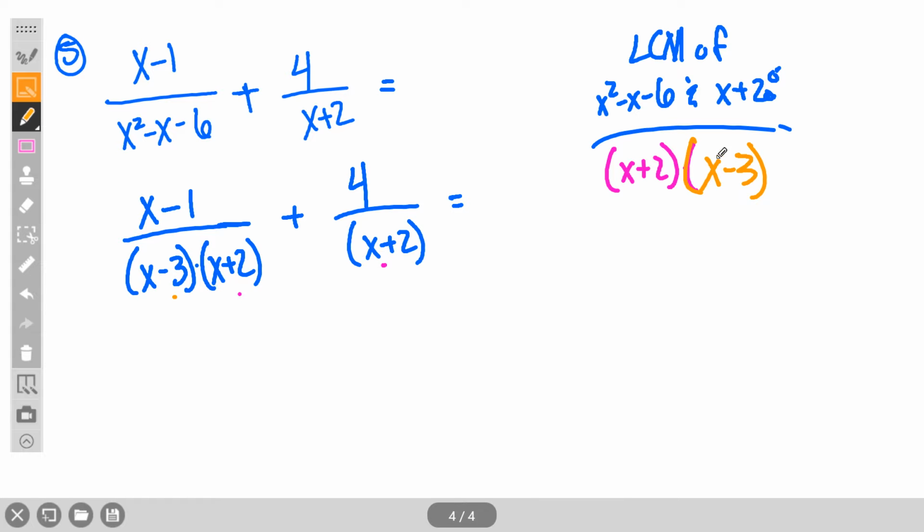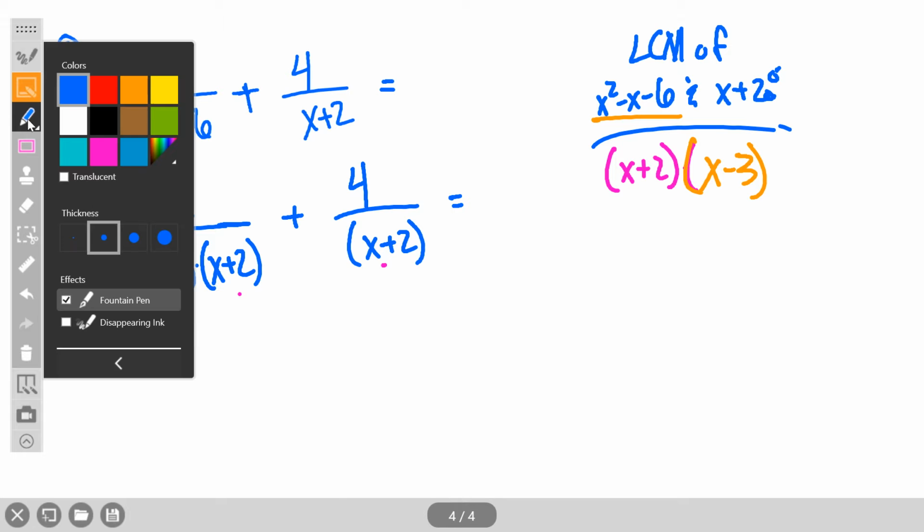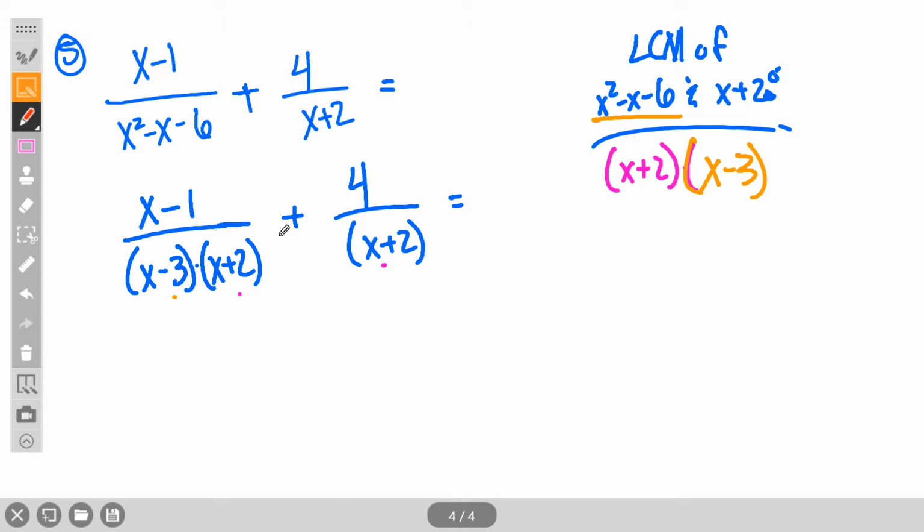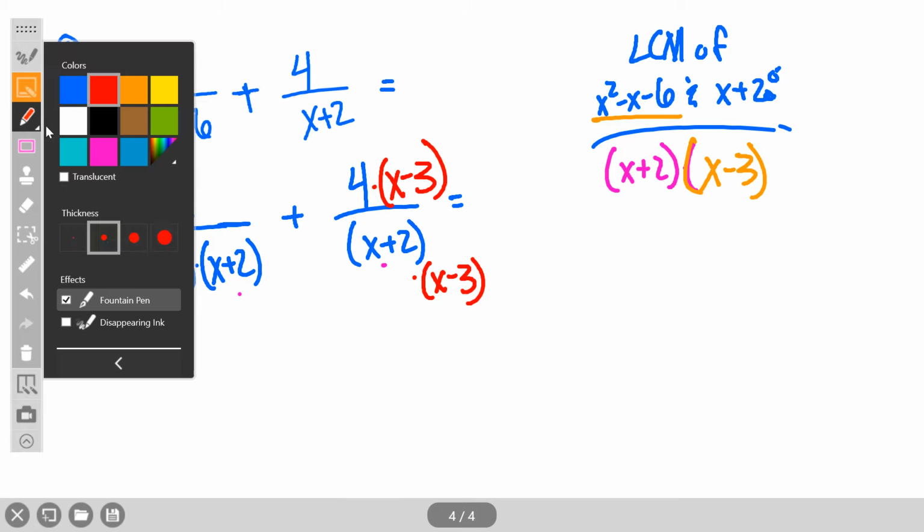So the LCM is x plus 2, x minus 3, which is x squared minus x minus 6. I just need to make that the LCD for both of these fractions. The first one already has both of them. But the second fraction has the x plus 2, and it's missing the x minus 3. So I need to multiply that by x minus 3.